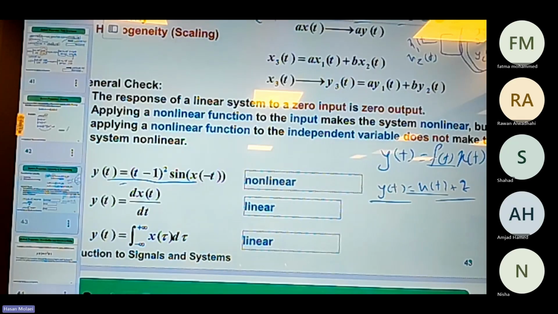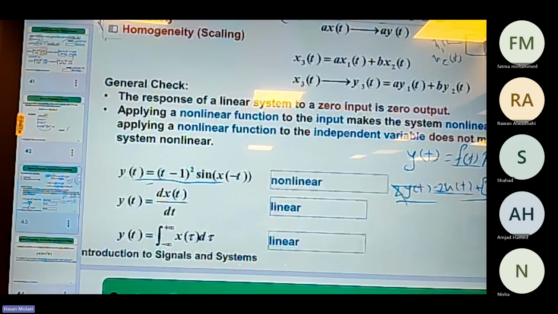Exactly, that is true. It's not linear. As your friend mentioned, if you multiply x by 2, is the output equal to 2 times the output again? No. Not linear. Zero input should provide zero output. If you set x to 0, you will have a negative.